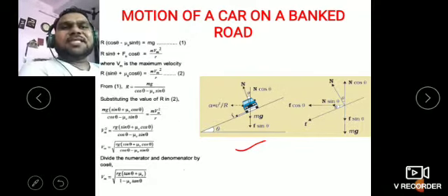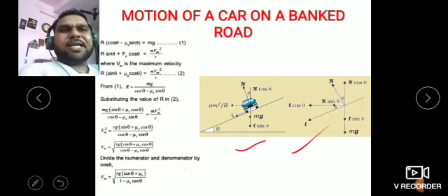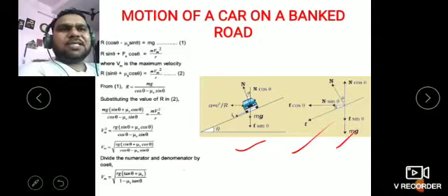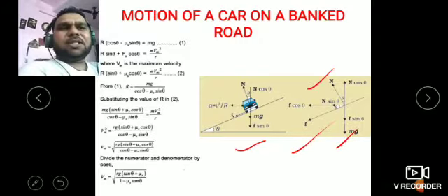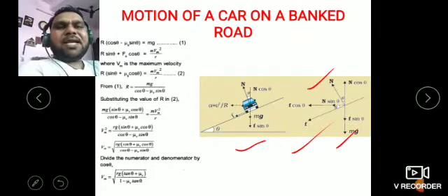In this case, this is the free body diagram. Mg will act downwards. Normal reaction will act along this direction. Friction will act parallel to the surface in contact between the car and the road.